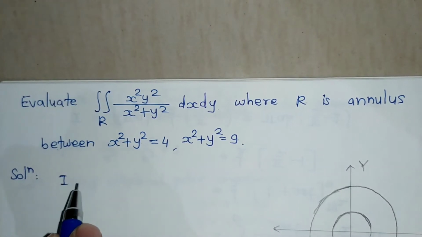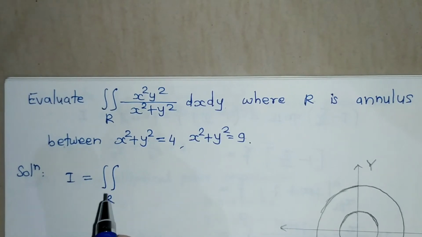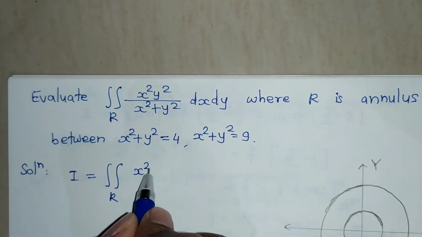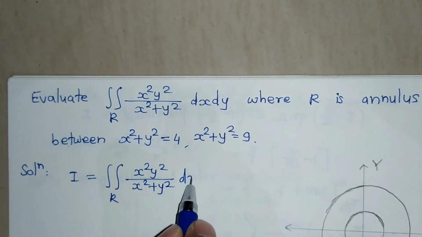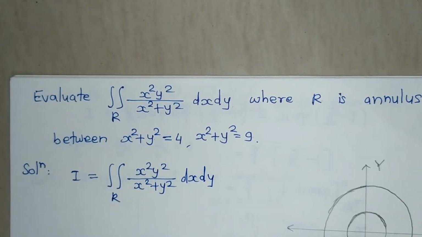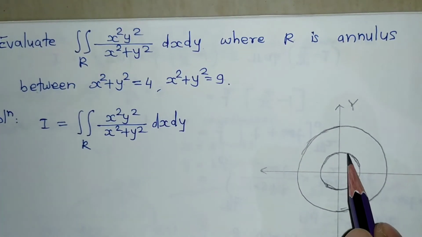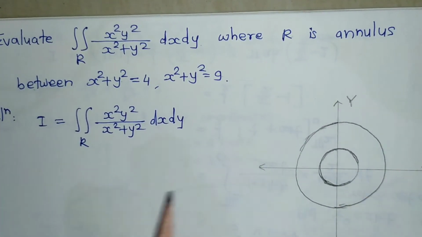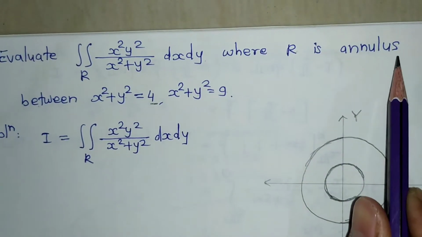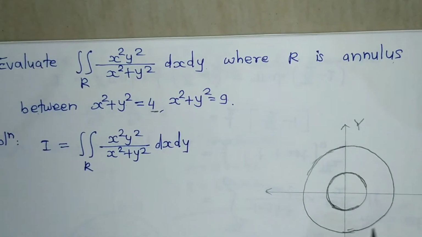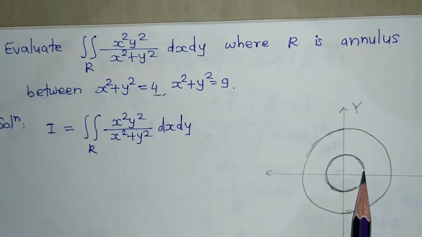So I is equal to the double integral over R of x squared y squared upon x squared plus y squared dx dy. Now here the region of integration is an annulus. Let us look at the inner circle, x squared plus y squared equal to 4. Since the region of integration is between two concentric circles, it is better to transform this integral into polar coordinates.